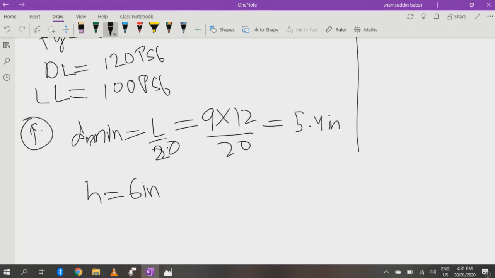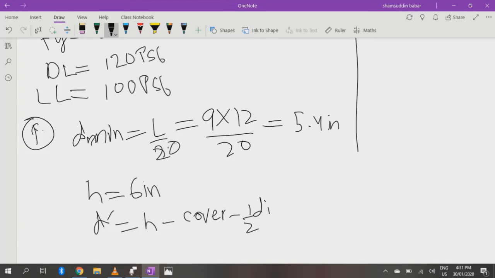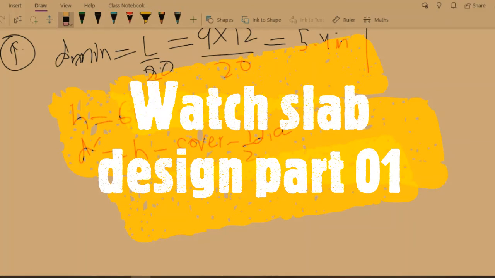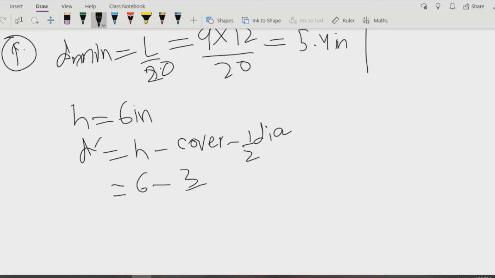I am taking effective depth d dash equal to h minus cover minus half of dia. To find the effective depth we have to calculate like this: 6 inches minus cover. For a slab we take cover equal to 3 by 4 inch, minus 1 upon 2 dia.